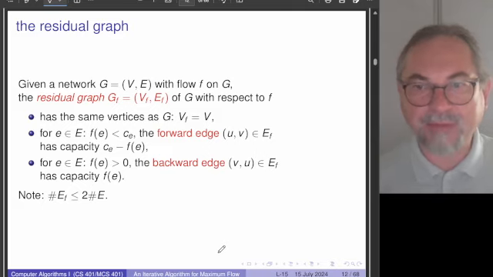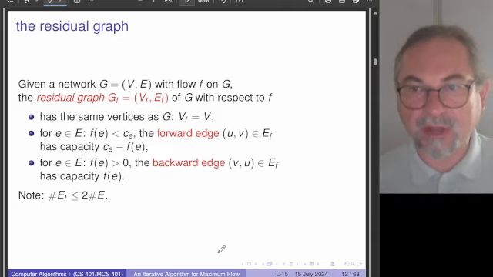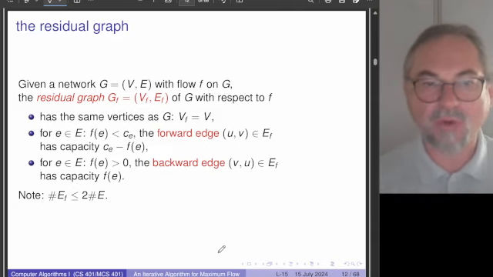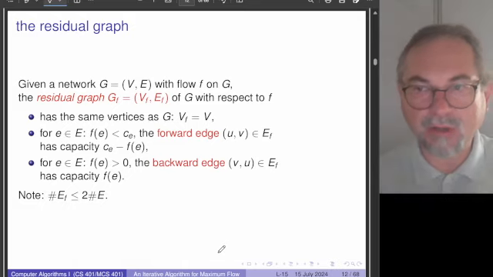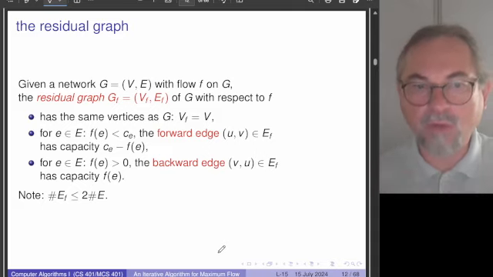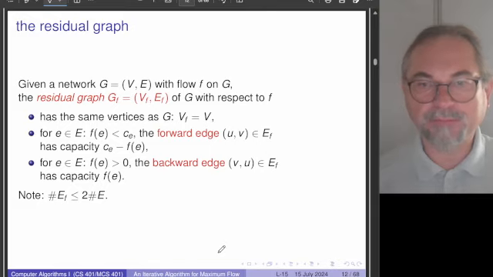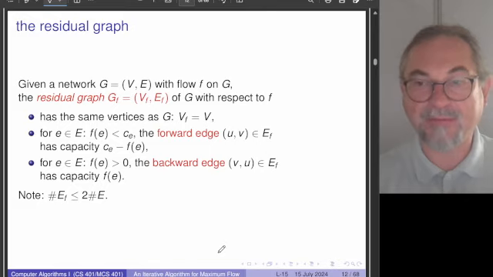And we have backward edges that will allow us to redirect flow. If there is flow on an edge, the residual graph will have a backward edge.